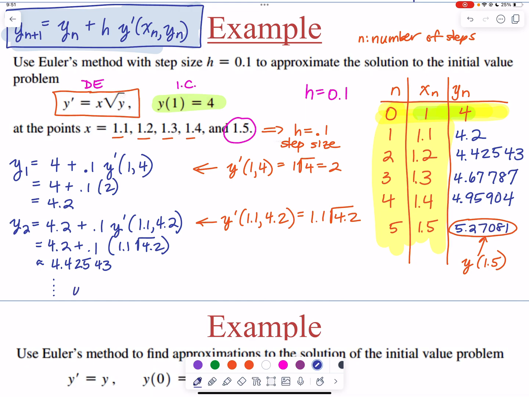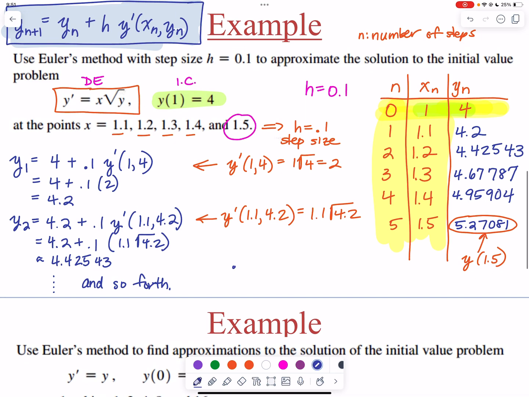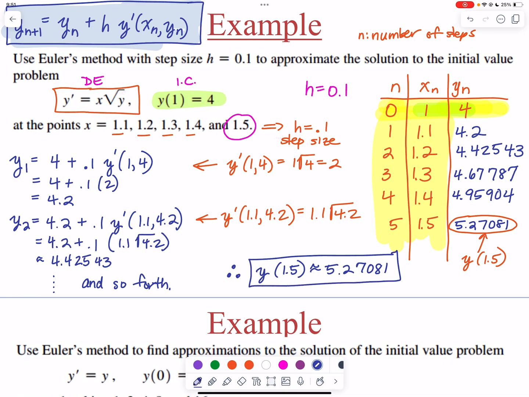Using the same method, and so forth. Okay, so what we want to do is therefore y of 1.5 is approximately equal to 5.27081. That was our reason for doing all of this.